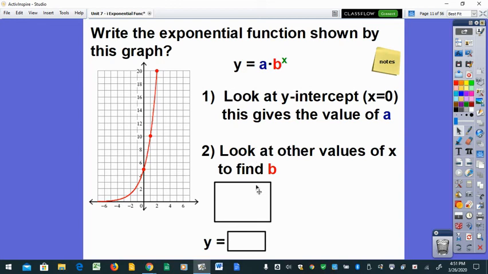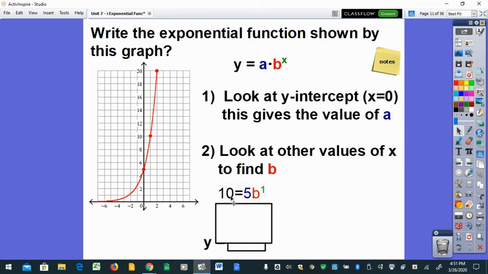Now, the next thing we need to do is find b. And the only way we can do that is to replace the x and the y with a point on the graph. So we could use, for instance, 1 for the x, 10 for the y. So I'm going to write my equation y, the y coordinate of this point, 10, equals, remember that the a was the y-intercept, times b, and this x was the x coordinate of this point.